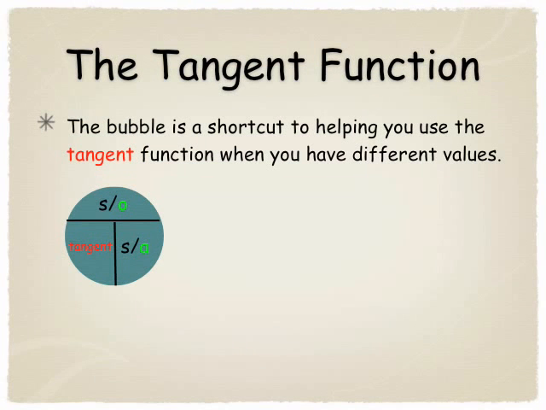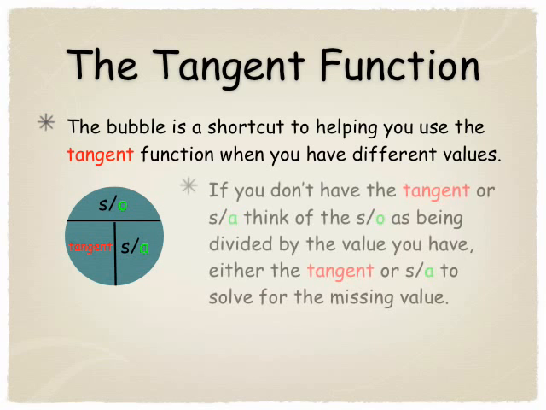So the bubble, once again, is a shortcut, helping us to use this tangent function. What it tells us is that we can find the side opposite if we have the tangent and side adjacent by multiplying them together. We can find the tangent if we have the side opposite and side adjacent by dividing the side adjacent into the side opposite.